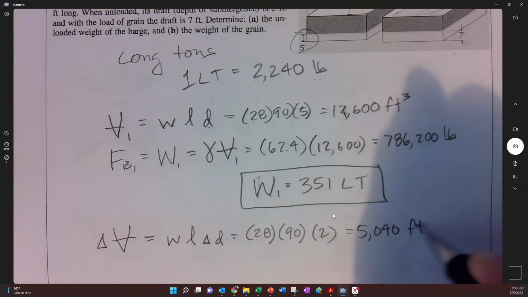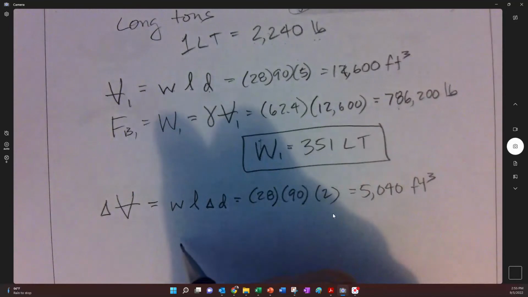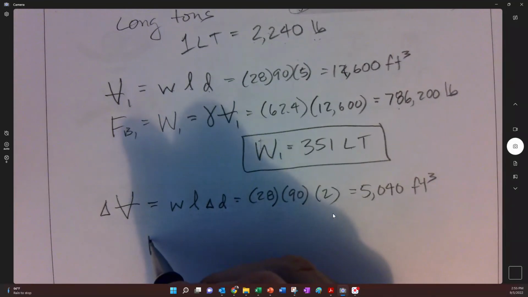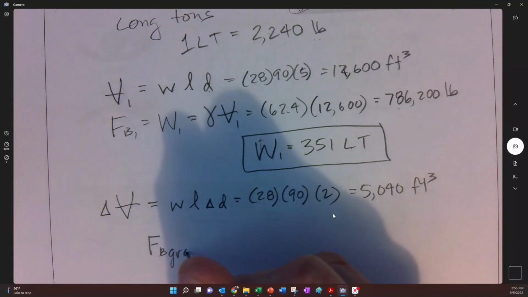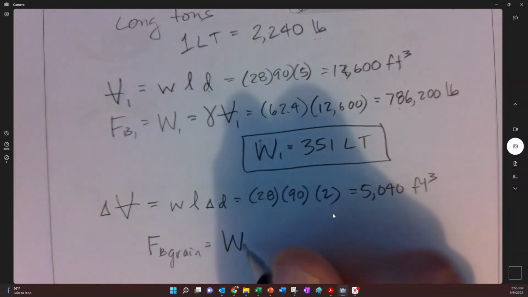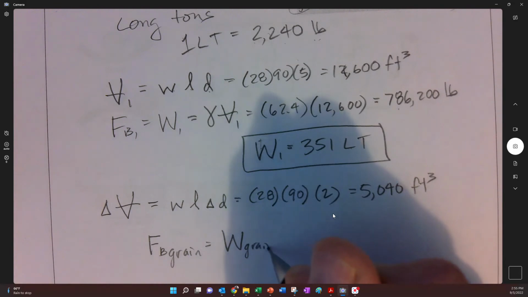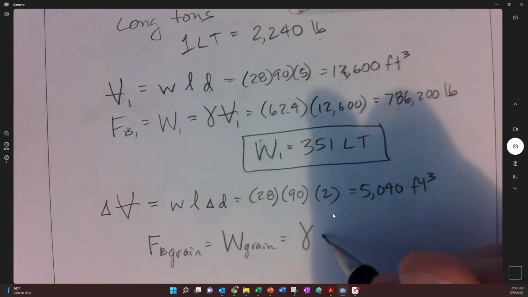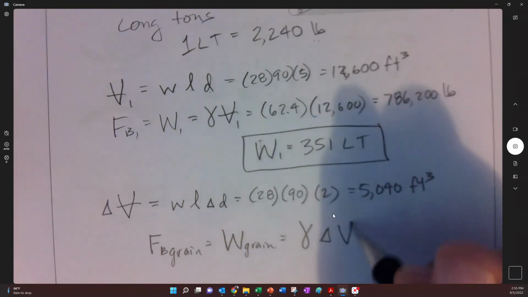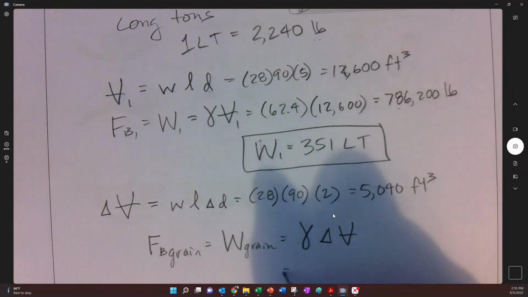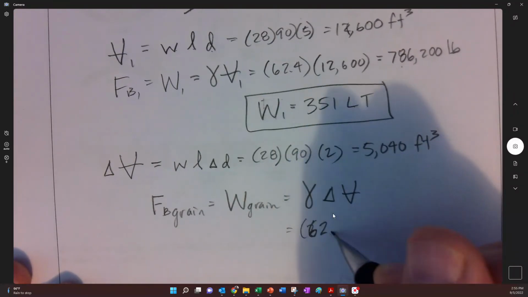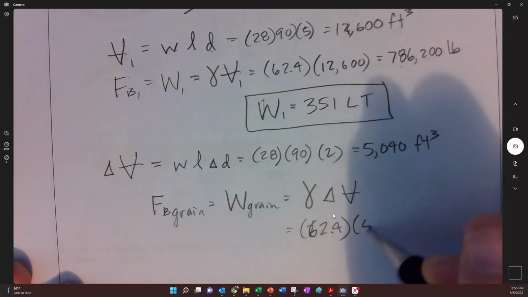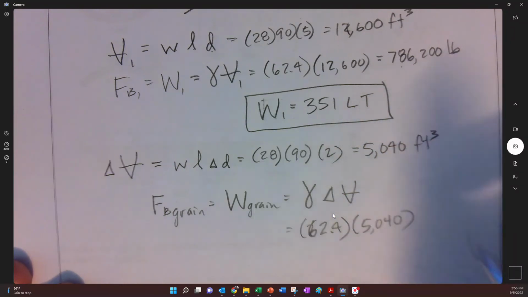So we get 5,040 cubic feet. And now the buoyancy force for the grain is going to be equal to the weight of the grain. And that's the specific weight times the change in volume, or 62.4 times our 5,040.